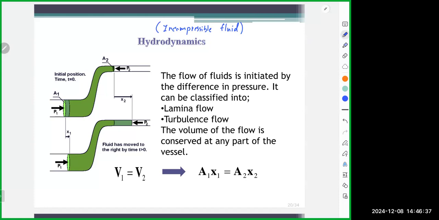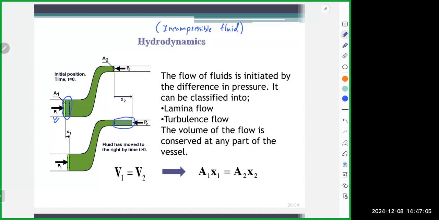In this case, you can see on the left hand side, if this pressure is put, this volume here will be pushed from here, and it will act right here.